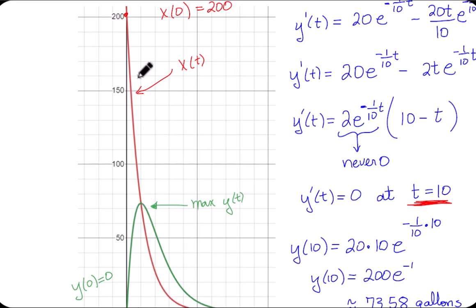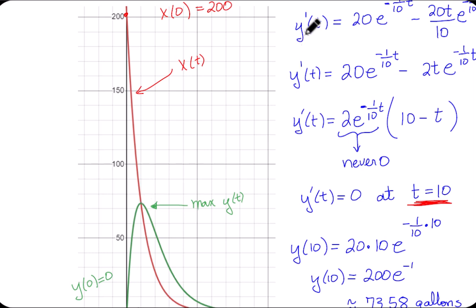But remember, both of these are eventually decreasing because pure water is going into tank 1, so tank 1 is going to get more and more diluted. So tank 2, y of t, is going to have a maximum.